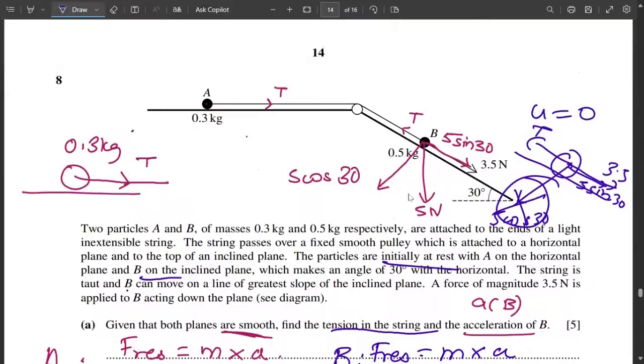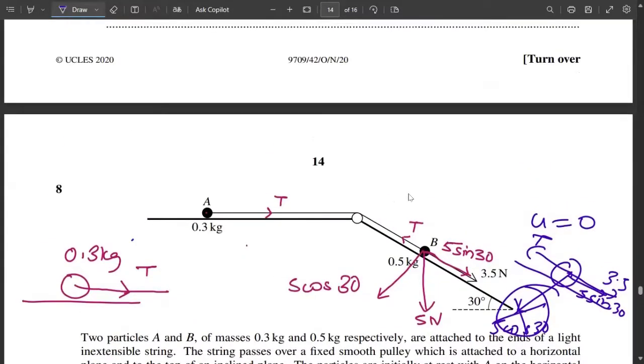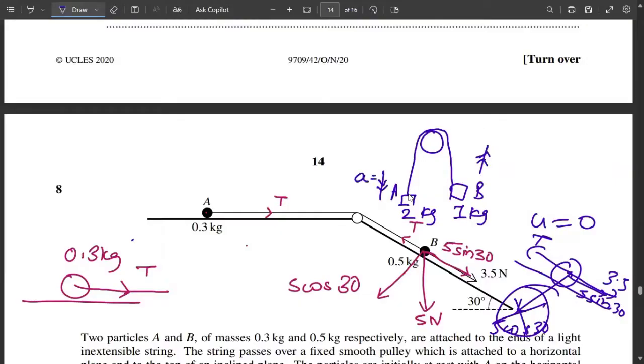Now, what I need you to understand is, for example, let's take a pulley. Here is one mass A, here is one mass B. Now, if B is 1 kg, A is 2 kg. A will of course move downwards, but the acceleration at which A will move downwards will be equal to the acceleration at which B will move upwards.